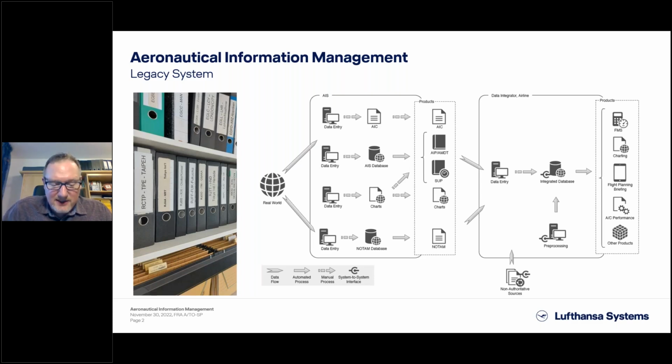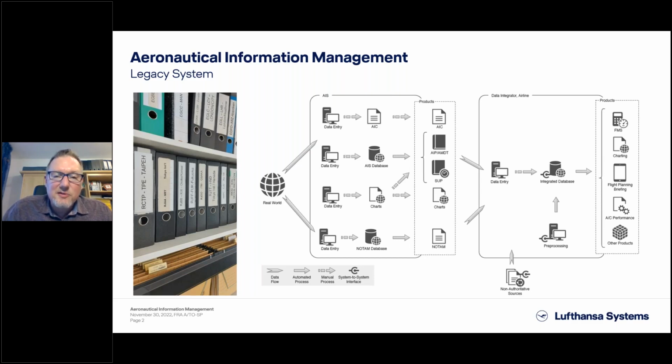And I already said that the AIS responsibility is to collect all these data. And what they would have done is just entering the data into their systems and maybe even just documents and providing these documents to the end users, to us.